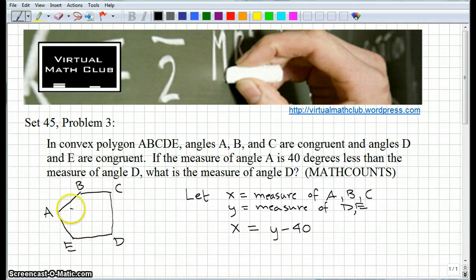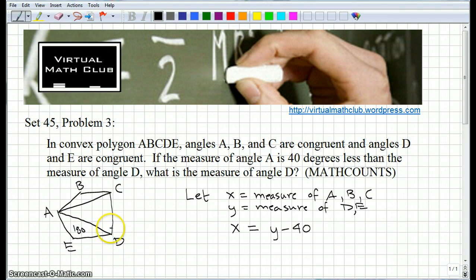one good thing to remember: I haven't got the sum of the angles of different polygons memorized, but what I do have memorized is that you can divide this polygon up into triangles, and I know that the sum of the angles in a triangle is 180. You can see that the triangles' vertices fall on the vertices of this polygon.